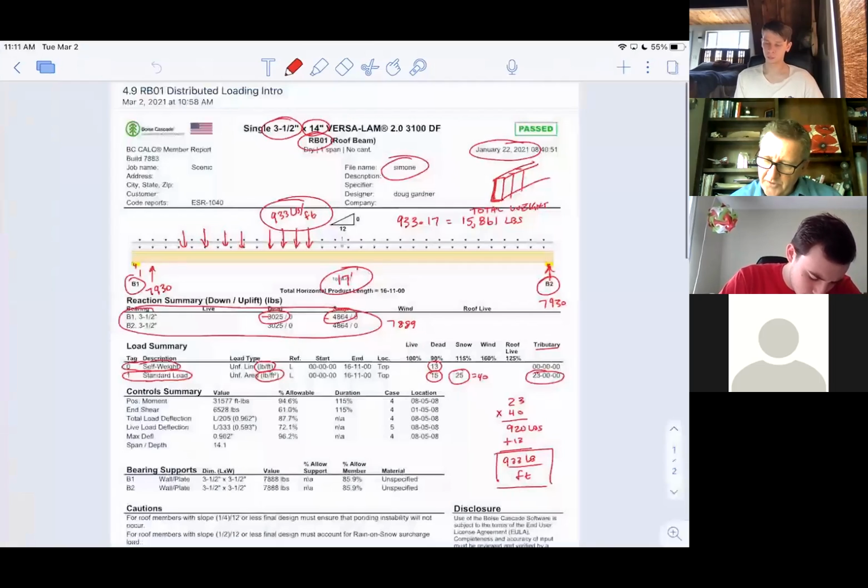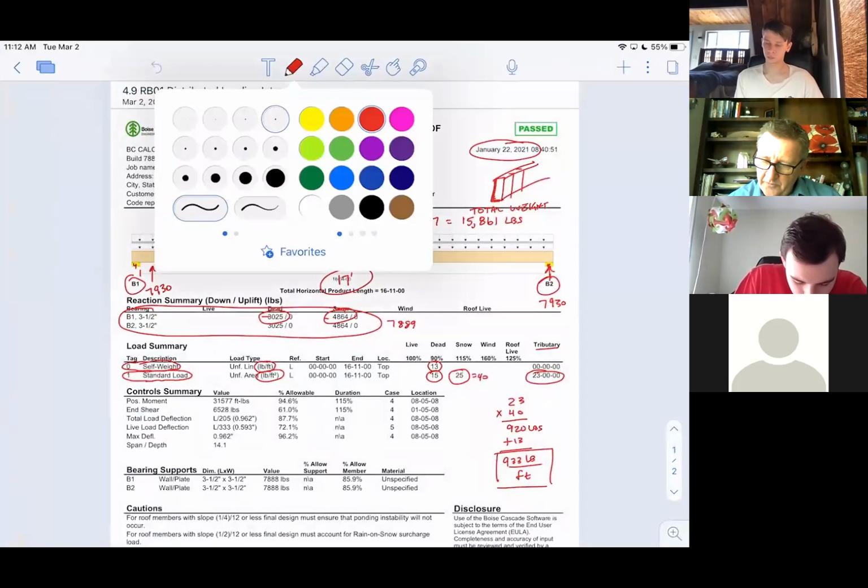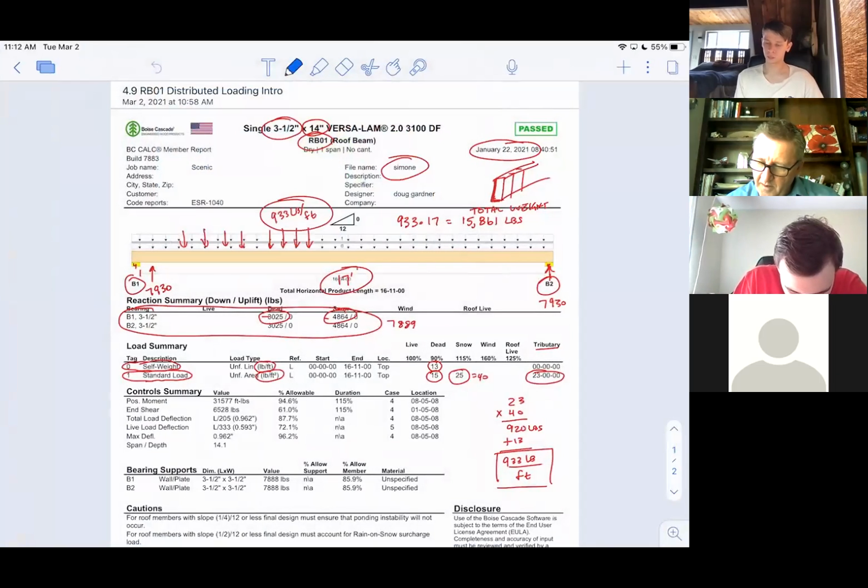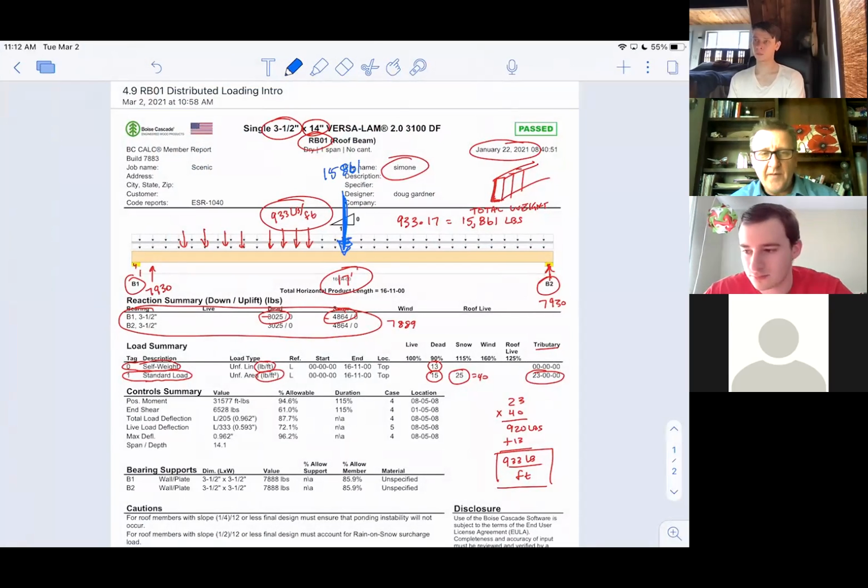We basically just replaced those million forces right there with one giant force right in the middle. It makes sense that it'd be in the middle of 15,861 pounds. And then we said, hey, because it's evenly spaced, that would mean half is on one side and half is on the other. So it would be located right in the center.